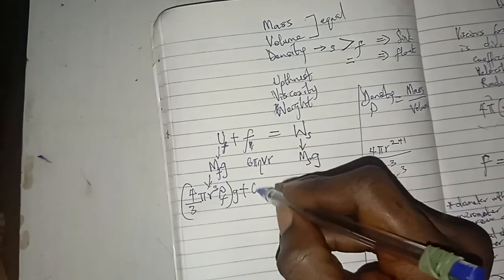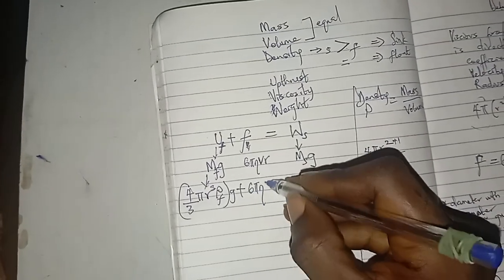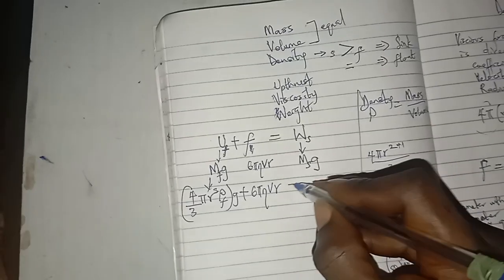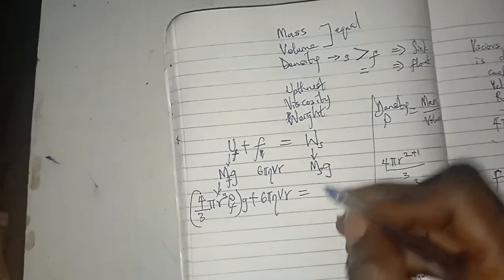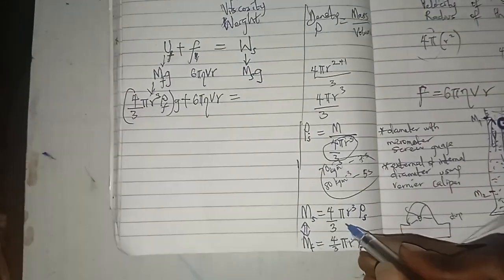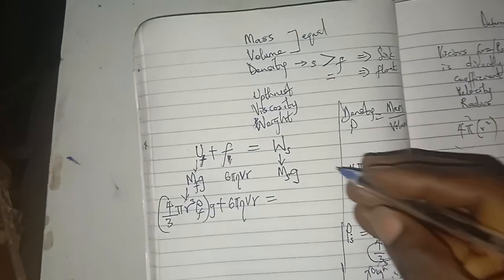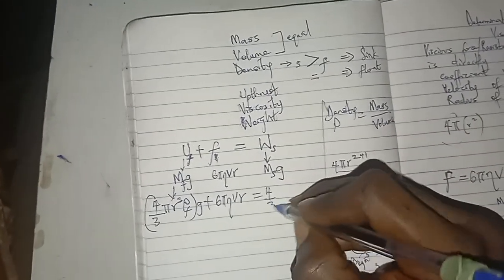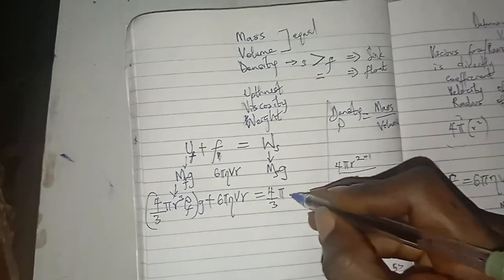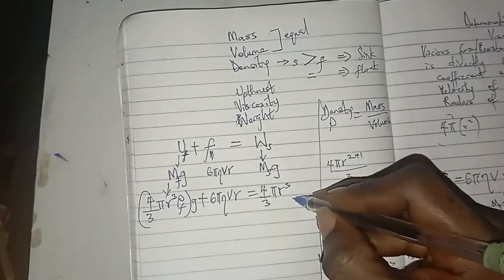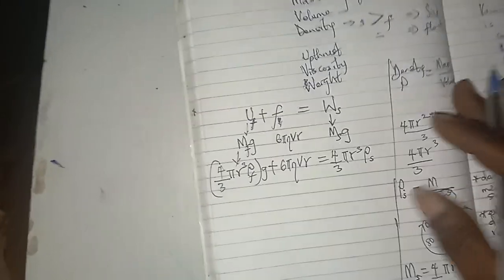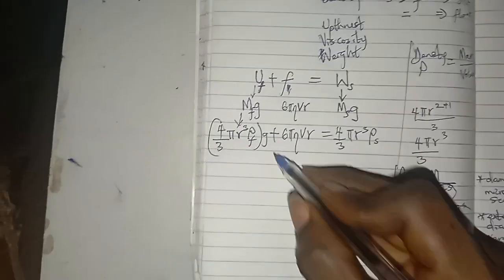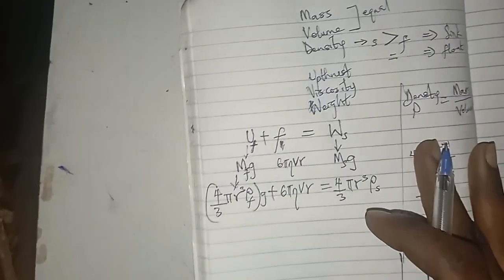Plus 6 pi viscosity V R is equal to the weight of the sphere, so 4 over 3 pi r cube rho S. If you write your S and F big, you won't forget that F is part of it, which is wrong.